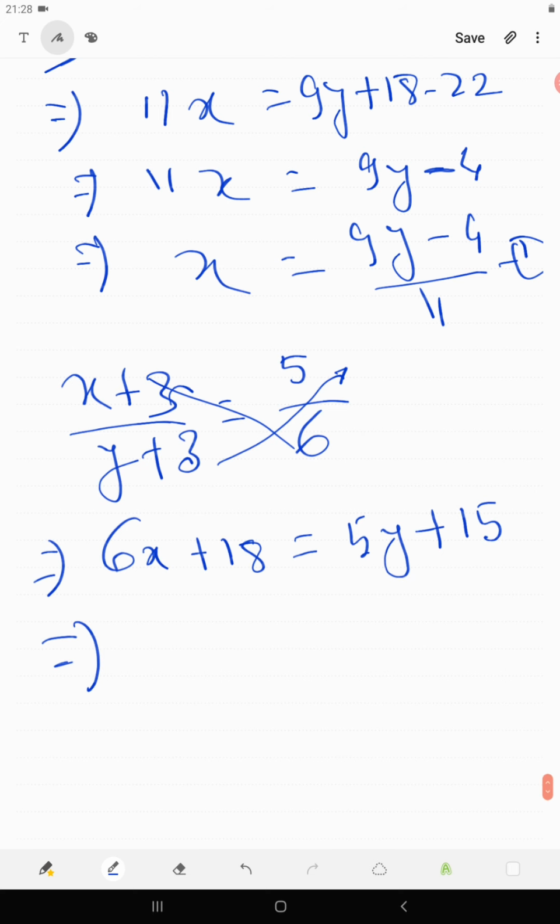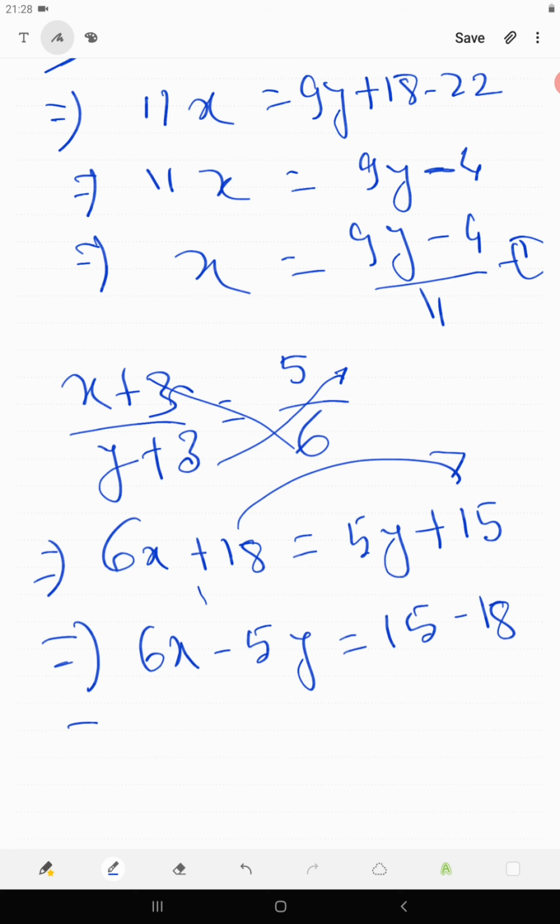Okay. So what we will get? 6x minus 5y equals, 5y I am bringing to the left and 18 I am taking to the right. So 15 minus 18. So 6x minus 5y equals minus 3.